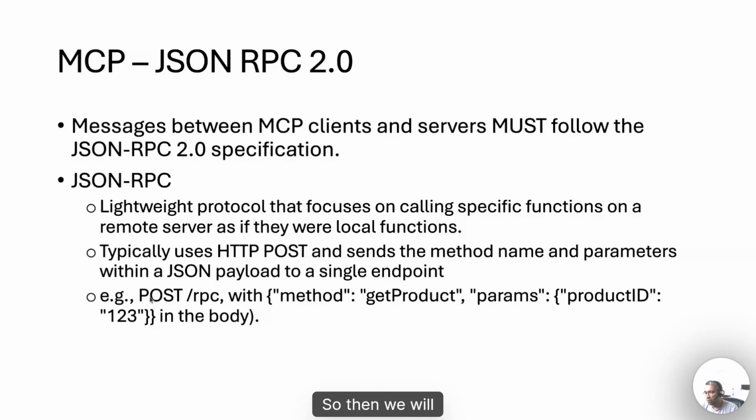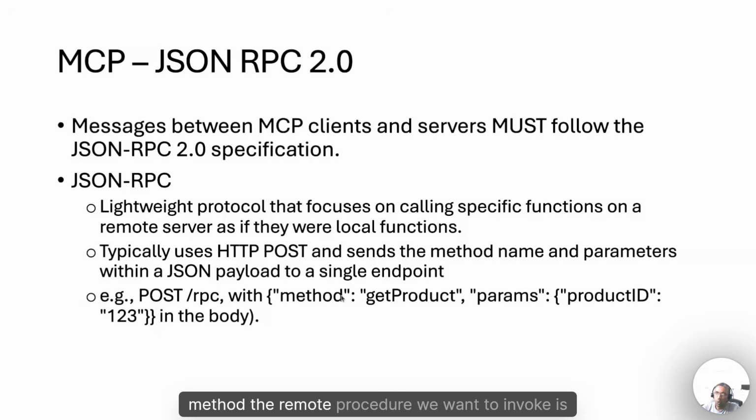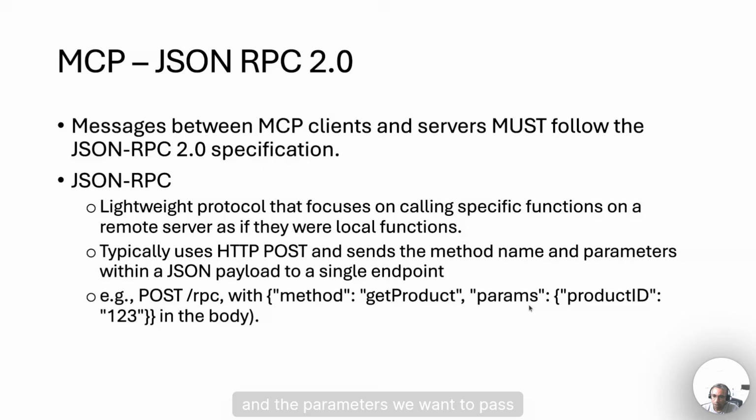So we will make a call to an endpoint which is hosted somewhere, with host slash RPC for example, with the POST method, and the remote procedure we want to invoke is get product, and the parameter we want to pass to get the product is the product ID, for example. So that's JSON RPC2.